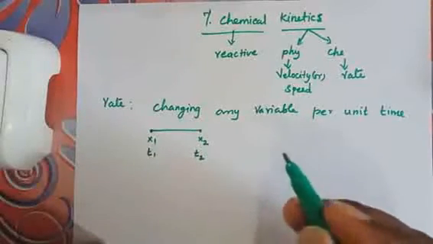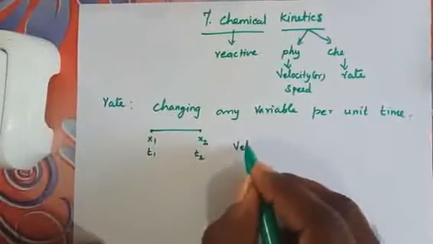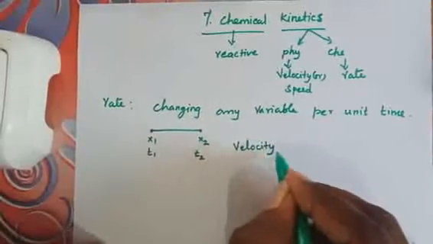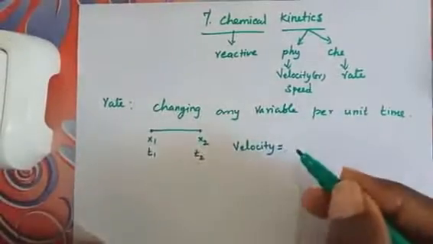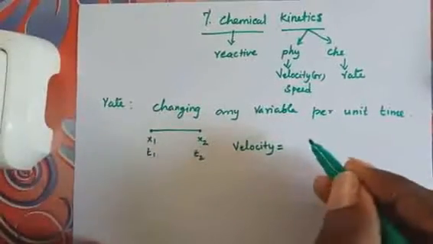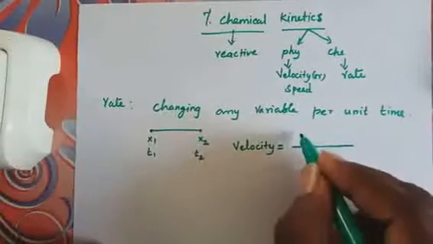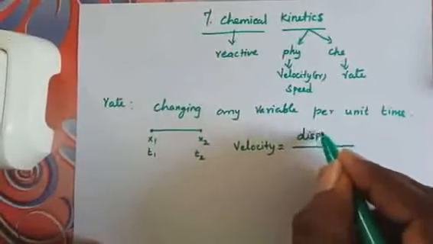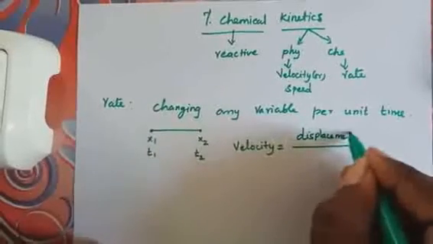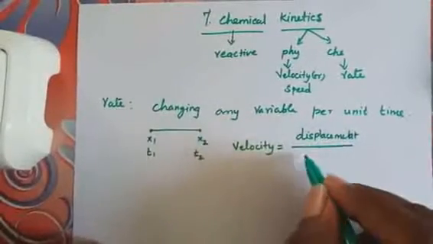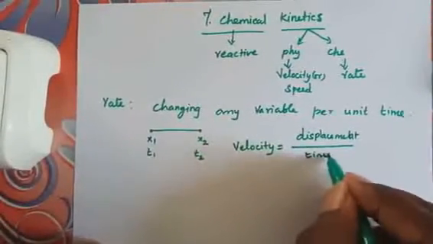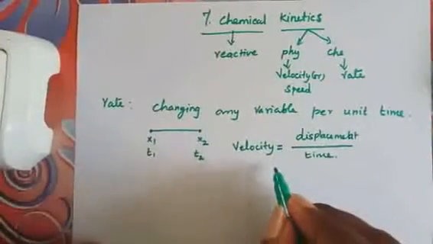Suppose you want to calculate the velocity of a substance. It is possible by using the above terms. Here velocity is generally known as displacement per unit time, or time change.